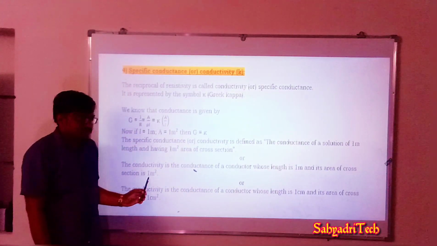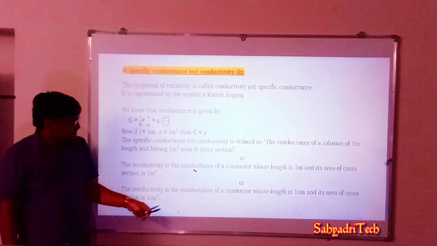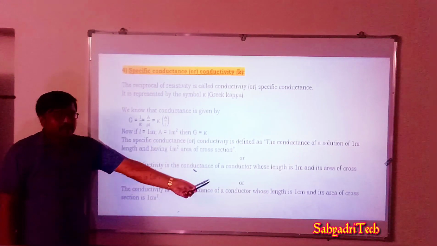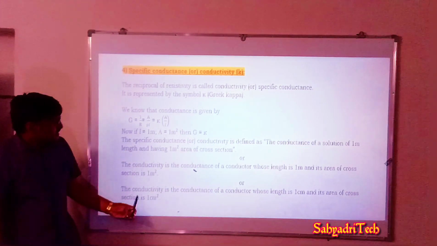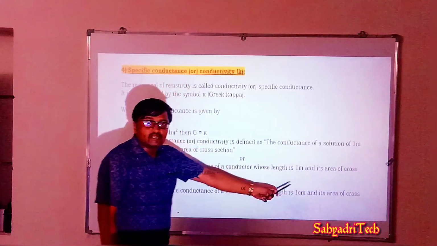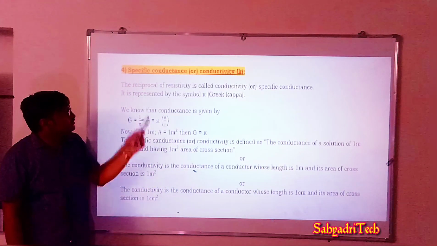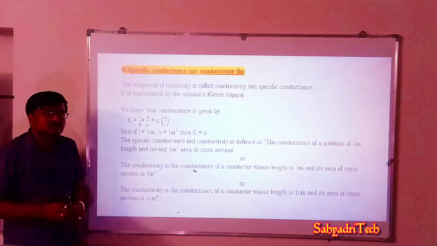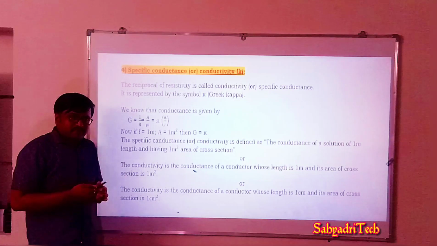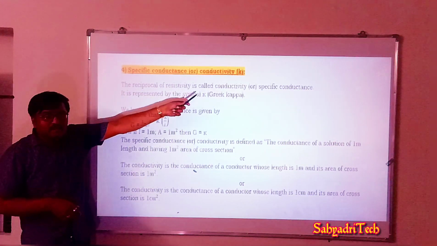Or else, if you take 1 centimeter length and 1 centimeter square area of cross section, we get one more definition: the conductivity is the conductance of a conductor whose length is 1 centimeter and its area of cross section is 1 centimeter square. So this is the fourth term, specific conductance or conductivity. The most preferable definition is that the reciprocal of resistivity of a conductor is called conductivity.